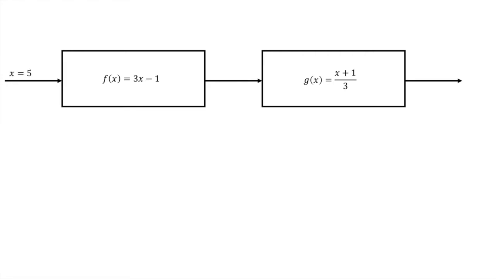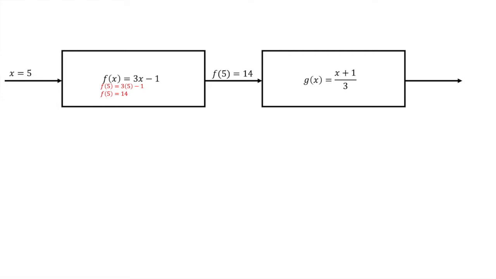Now the input to the first machine is x equals 5. Okay? So I want to find f of 5 here. So f of 5 is the same as 3 times 5 minus 1, which is 15 minus 1, which gives us 14.